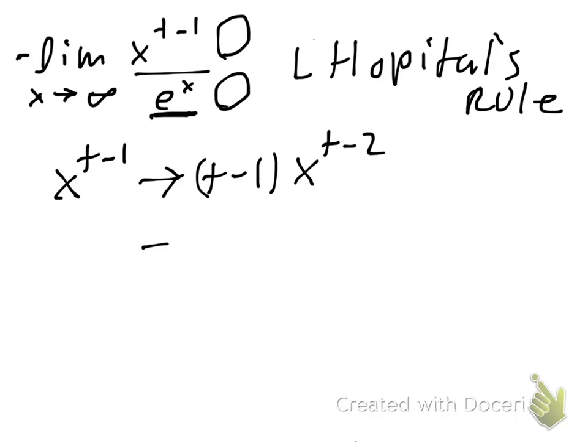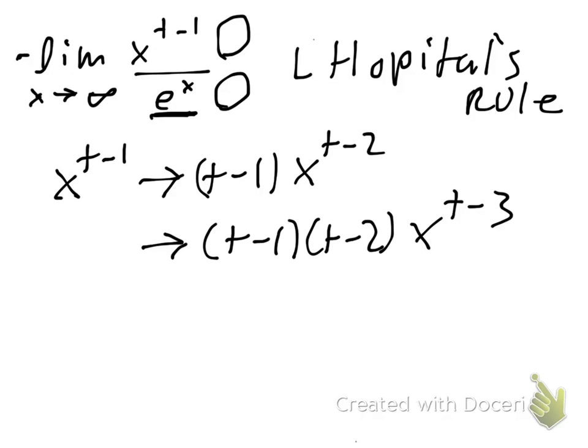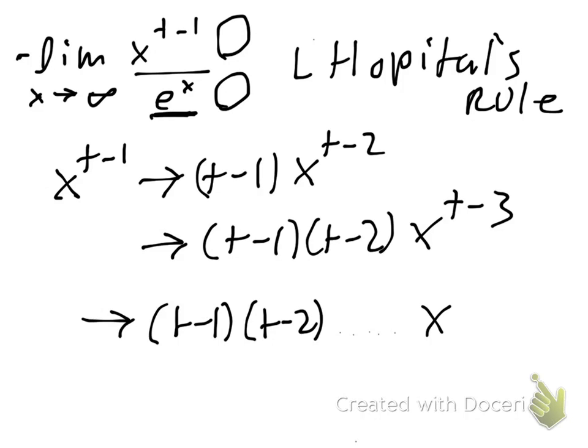If we take another derivative, we'll get (t-1)(t-2) x^(t-3). And eventually, one of these terms is going to be x^(t-t), because this number keeps growing until it hits t, but that's clearly just 1.